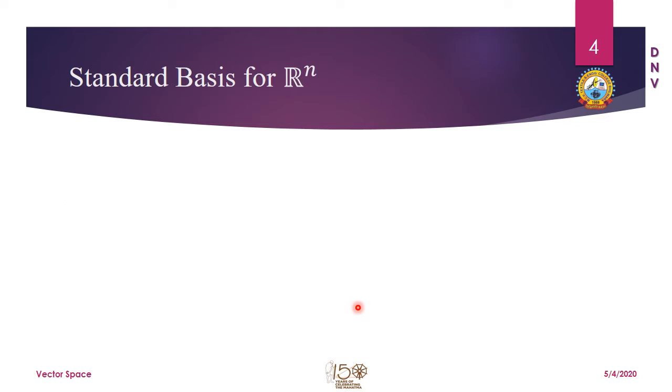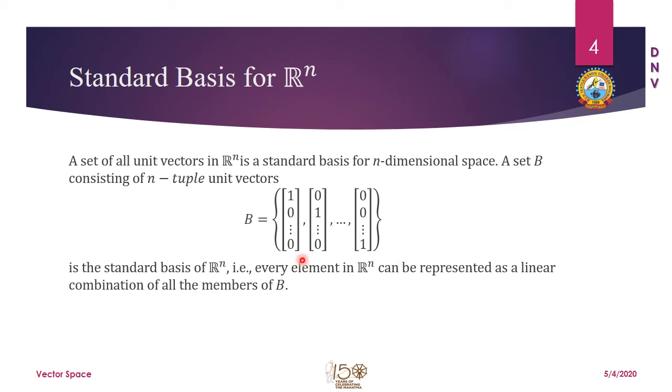Next is the simple example of the standard basis for the Euclidean space in n dimensions. So this example will produce many other spaces by giving values to this n. A set of all unit vectors in R^n is a standard basis for n-dimensional space.